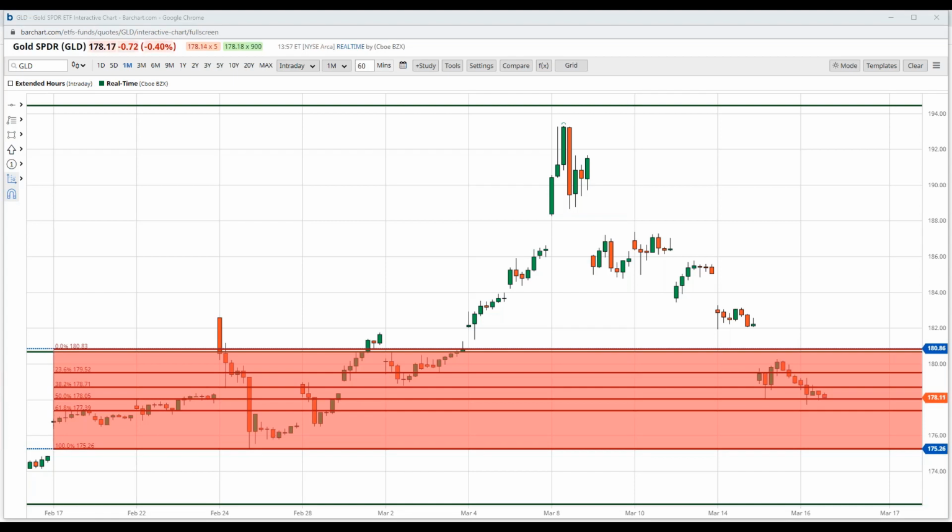Jason asks, does a break of 61.8 generally signal a contra trend movement or a failure of the previous trend? Yeah, I think you can use that as a guideline, especially in uptrends. If you get that deep a retracement in an uptrend, that usually is a sign.